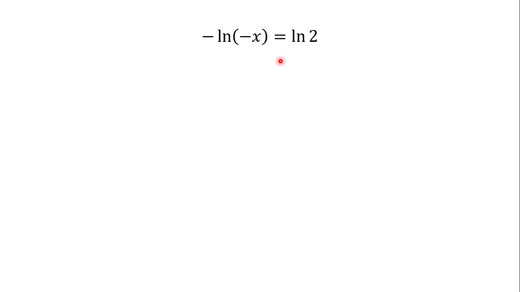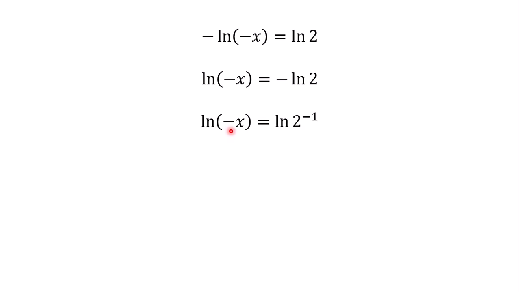So here we're just going to multiply through by -1, and that will give us this one is equal to minus natural log of 2. All right, these two will come here, and you get this one is equal to 9.